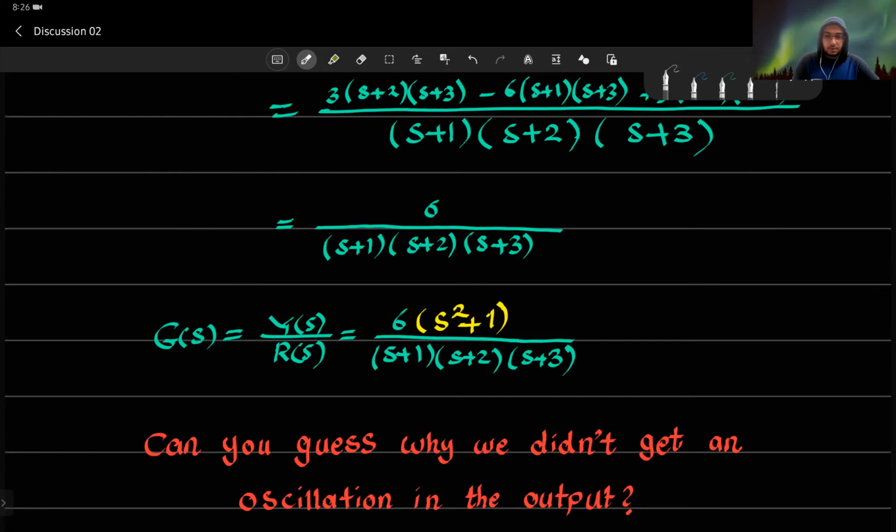I'll let you think about it for 2 minutes. Anyone figured it out? I remember the point that the imaginary roots are what makes the output sinusoidal. Do we not have any imaginary roots?